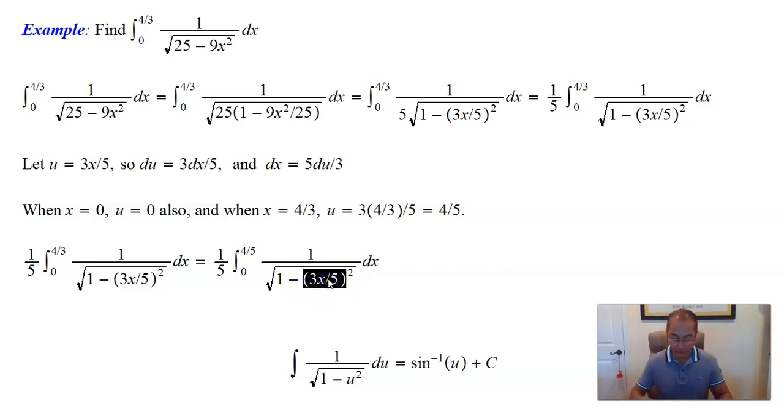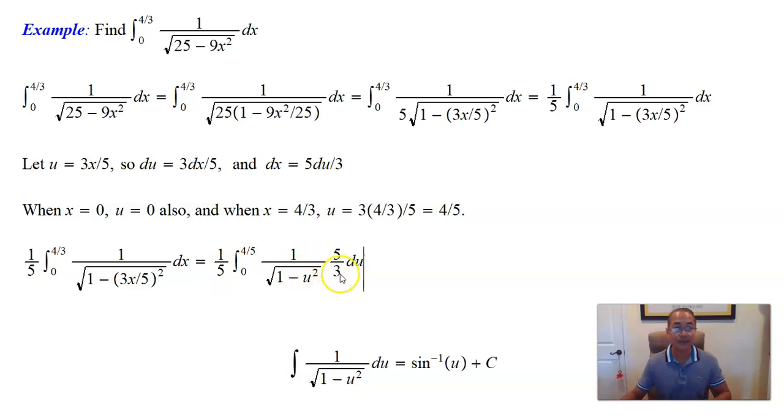This is our square root of 1 minus u squared. Our dx is 5 du over 3, so let me copy this fraction, and we have 5 over 3 du. Interesting, because the 5 here is going to cancel with the 5 up there.